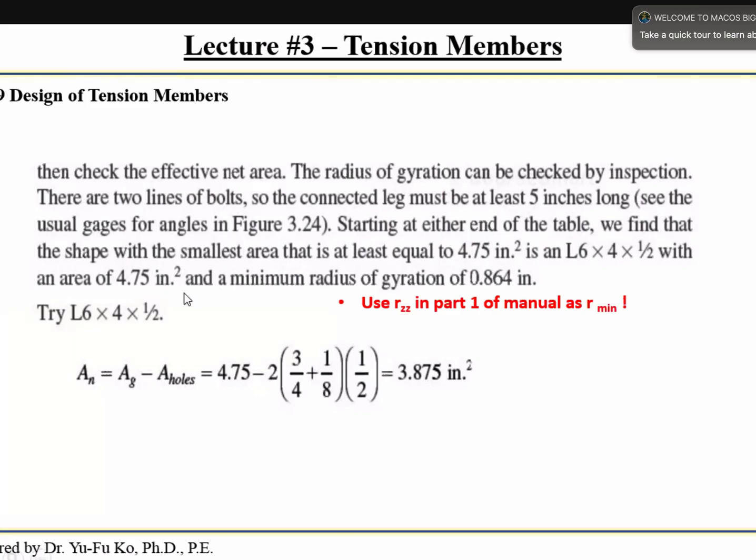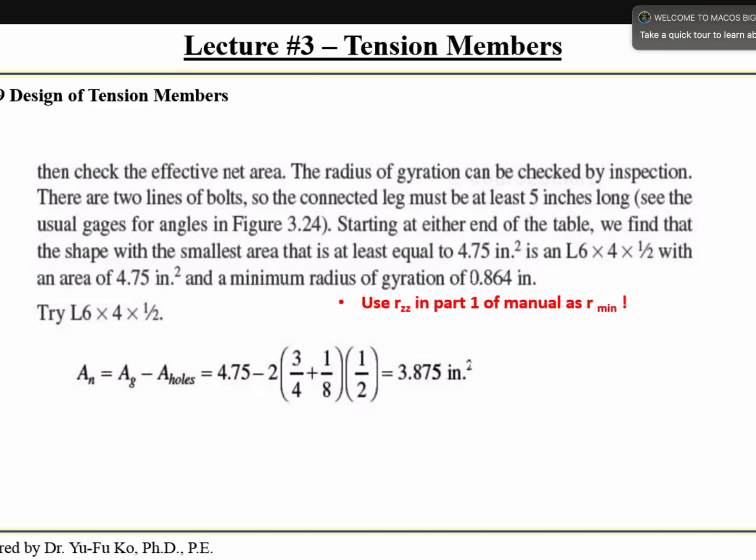And also now, I want you guys to go to your manual, part 1, go to L 6x4 by half. I want you to read this number carefully. Minimum radius of gyration, 0.864. Can you go to part 1 of the manual? I would like to explain this one.